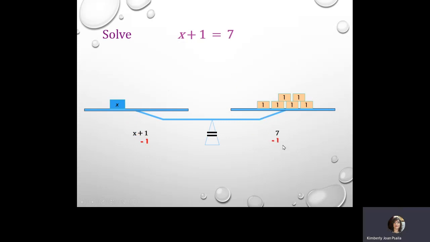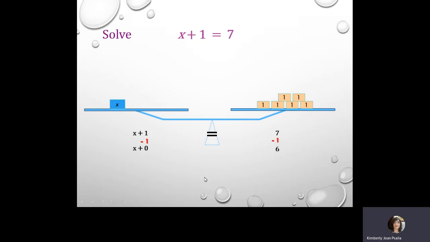From the right, we also have removed 1, which will give us the end result of x plus 0, since 1 minus 1 gives us the value of 0, and 7 minus 1 gives us 6. Till now, we have kept the balance equal, balanced.